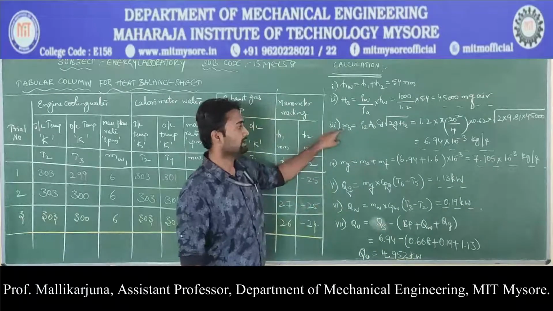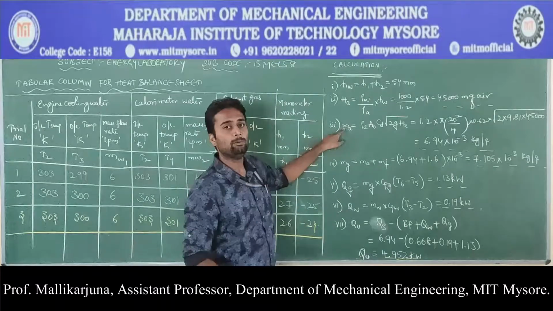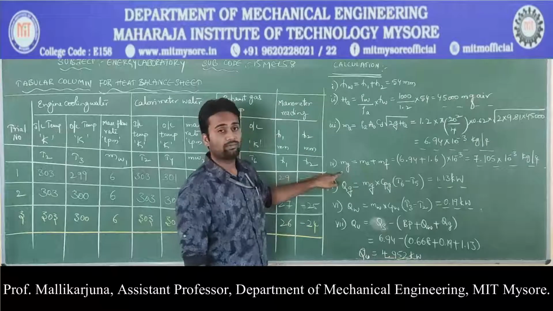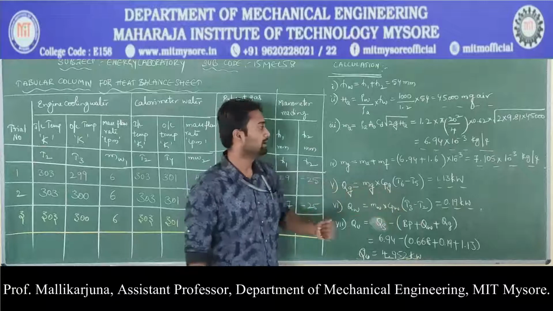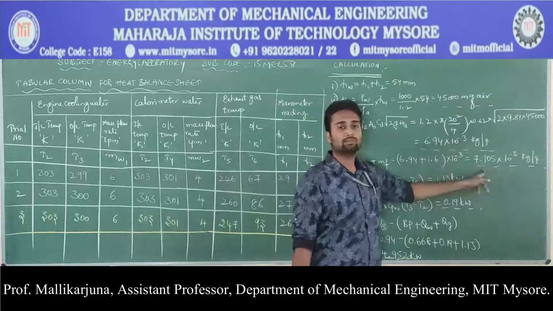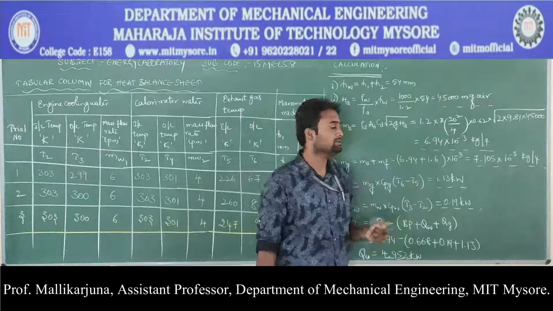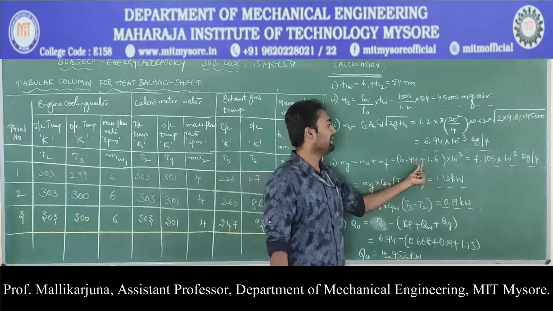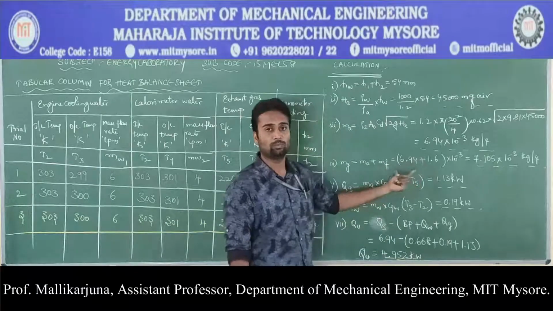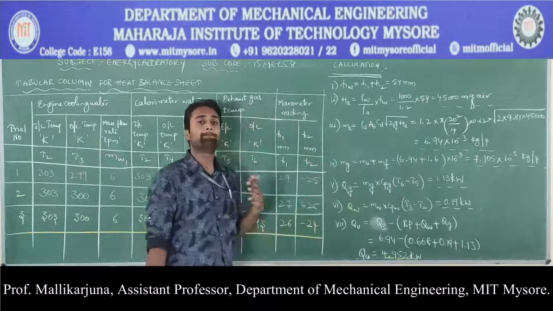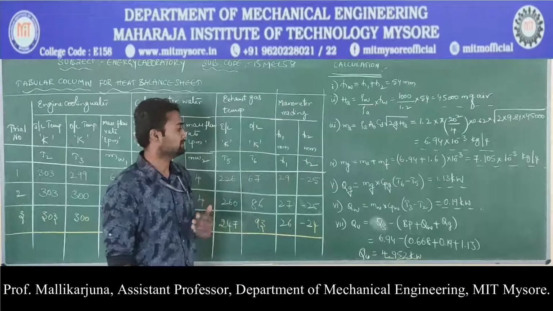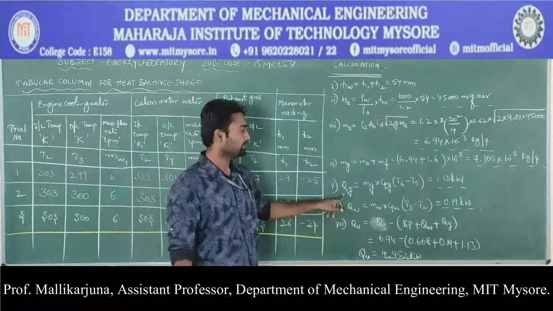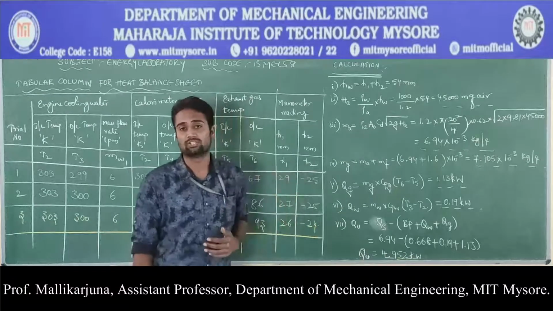This is the mass of air that is entering into the cylinder. This is the mass of gas leaving out of the cylinder. If you clearly look onto the value, mass of the exhaust gas is higher because in this we have added mass of the fuel also. That is going to raise the value of mass of the exhaust gas. Next, heat carried away by the exhaust gases.